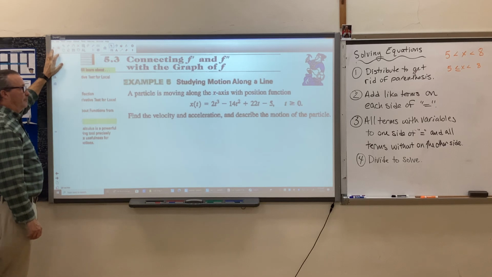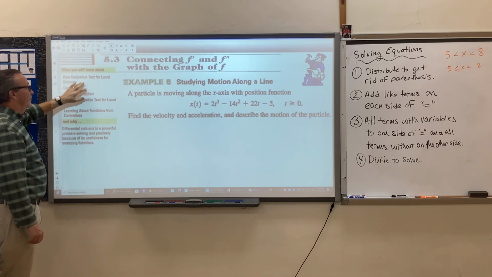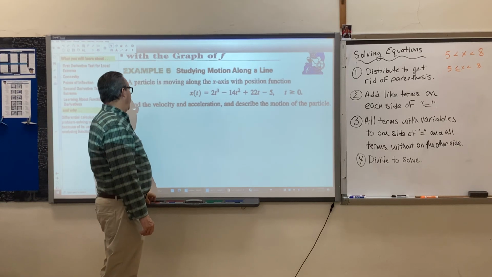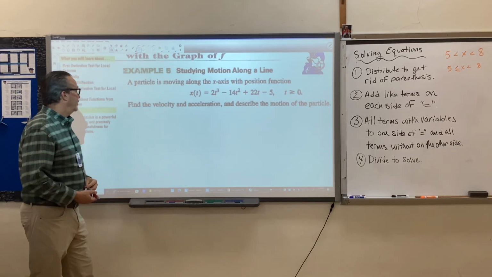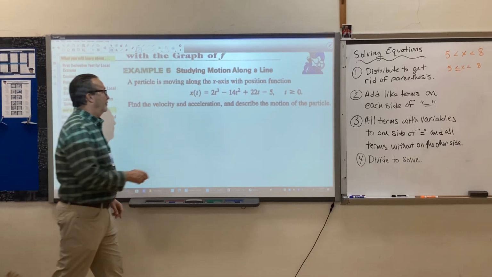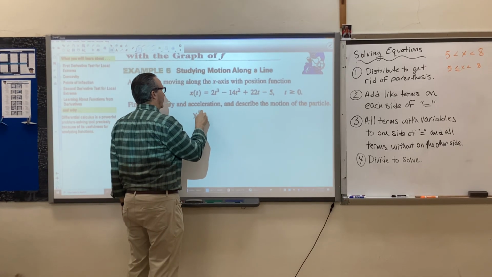Are we here? Yeah, we haven't done that yet. So we're trying to find the velocity and acceleration. So, take the derivative twice.